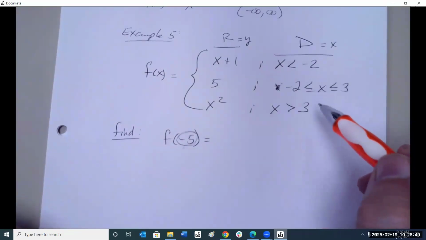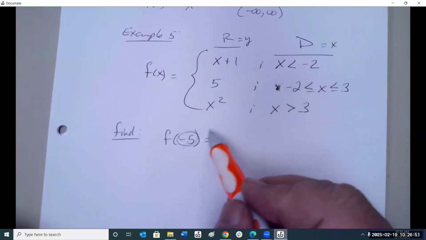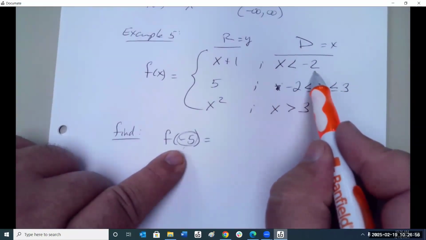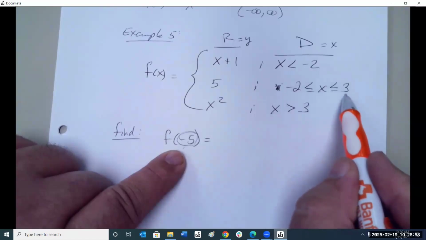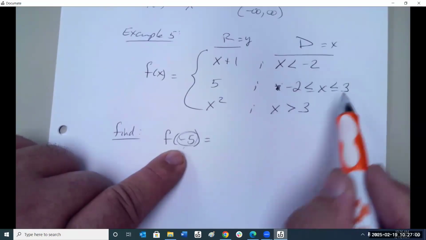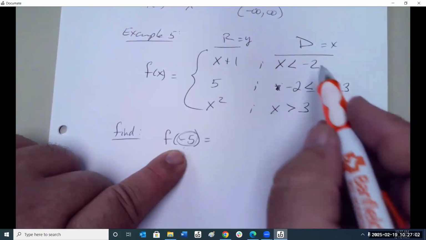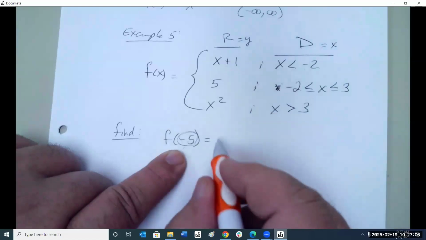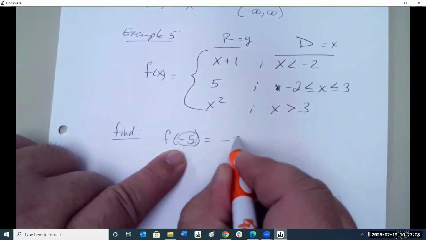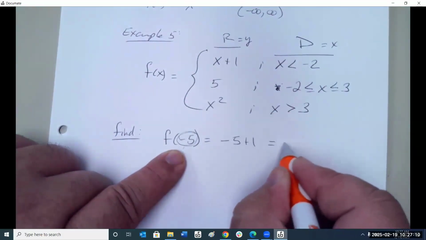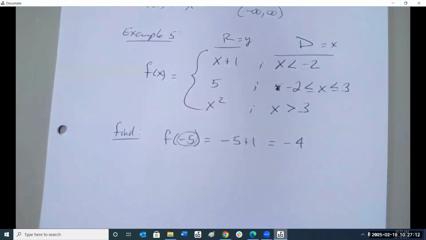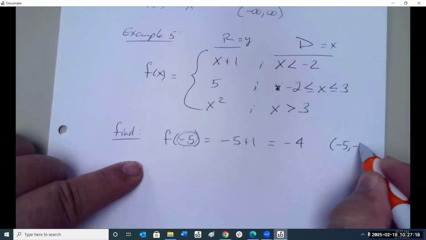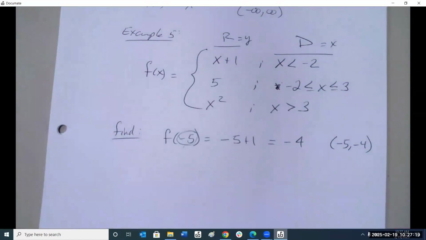Is -5 less than -2, or is it between -2 and 3? -5 is less than -2. So I use this equation. I use -5 plus 1 equals -4. So the point on this graph is at (-5, -4). That's my point on the graph.